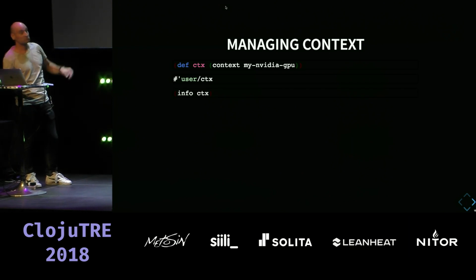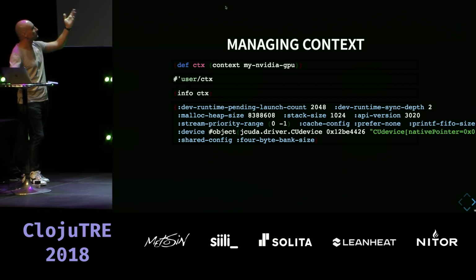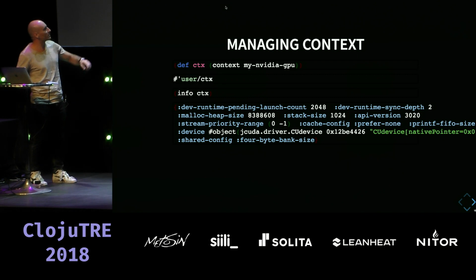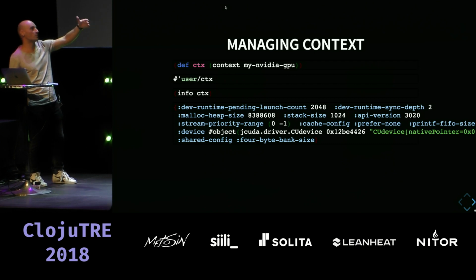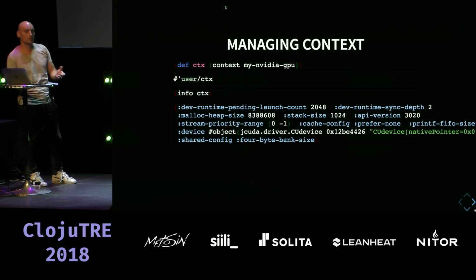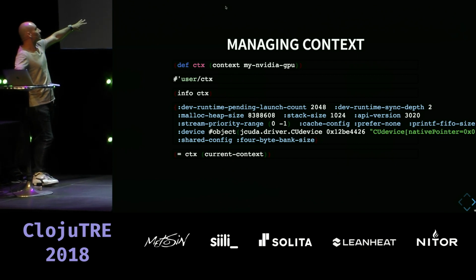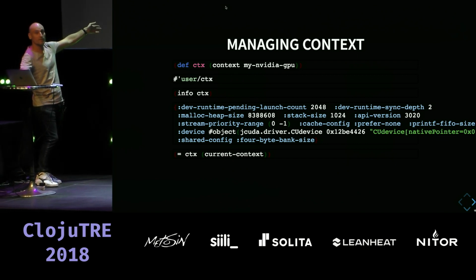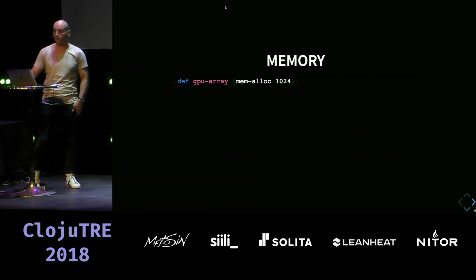And I can also get the info of this context. The important thing is that the API version is 3.2, so it supports some older CUDA version code. Of course, I can change it. I can also check whether the current context that CUDA maintains is actually the one that I got. It says yes. And now to the real deal.